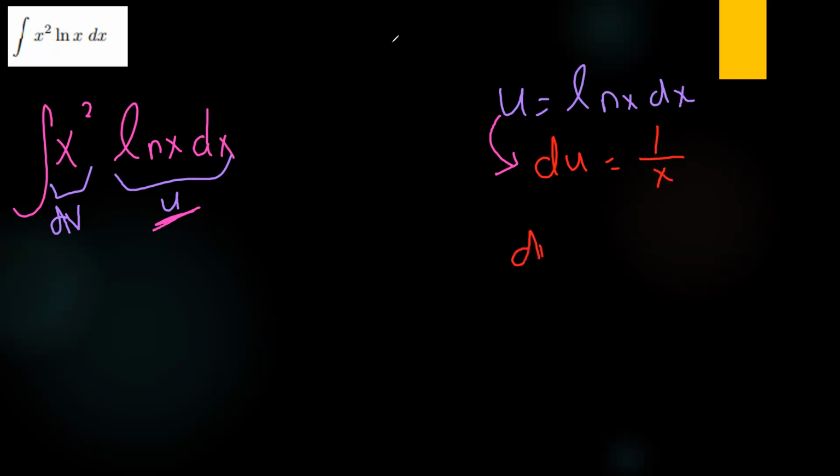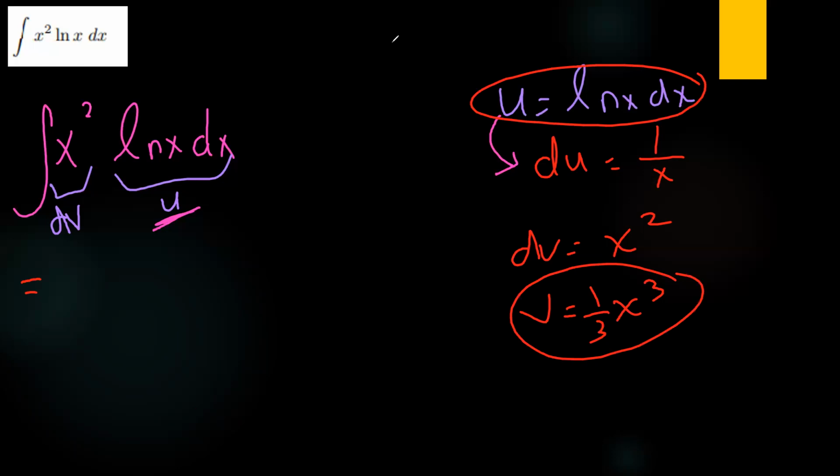And if dv is x squared dx, then v will be the integration of x squared, which is x to the power 3 over 3, x cubed over 3. Now, the integration of u dv will be u times v minus the integration of v times du.